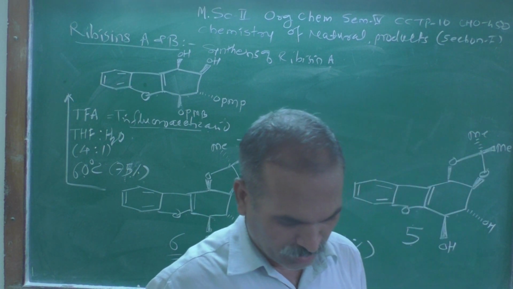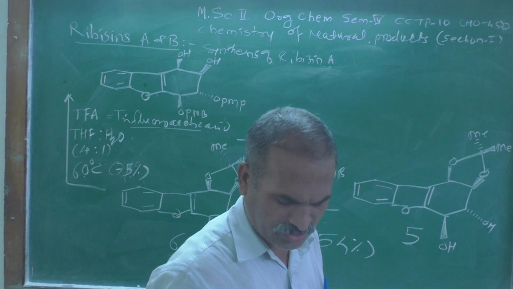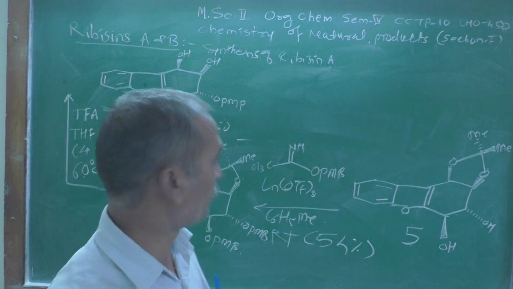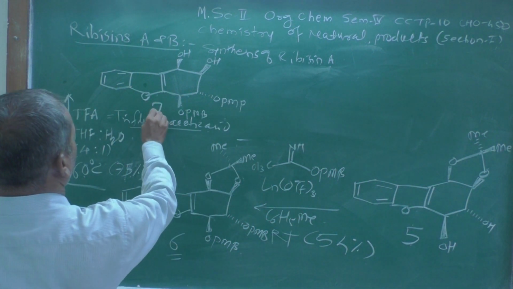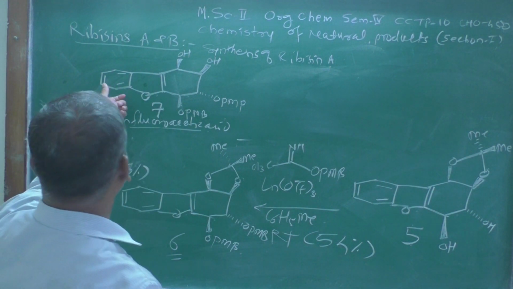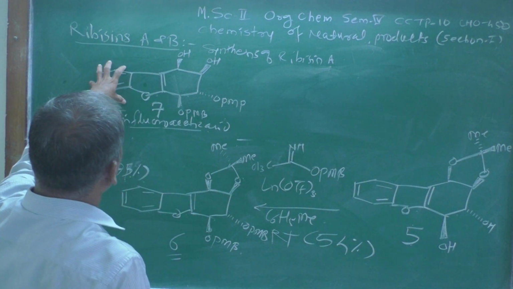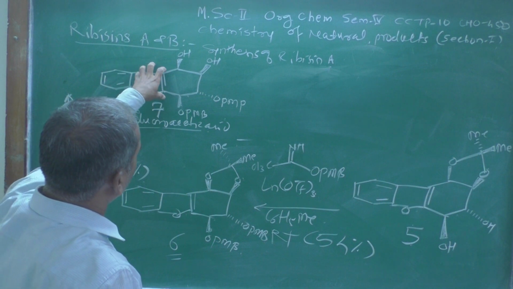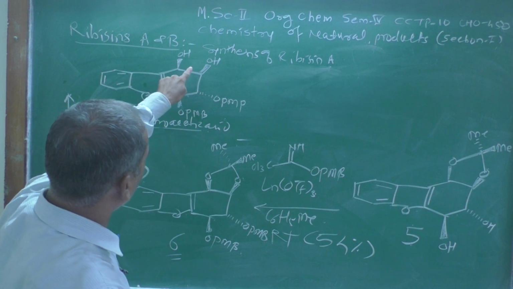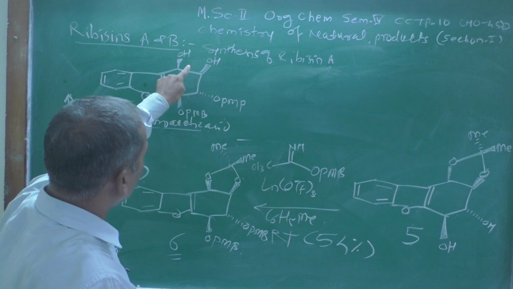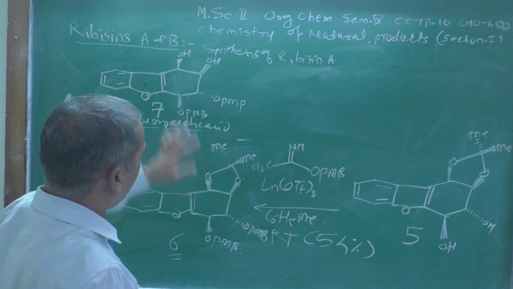Now this is a structure number 7 which we got over here. This benzene moiety remains as it is, benzofuran also remains, only deprotection occurs. This is a change you can observe very clearly.